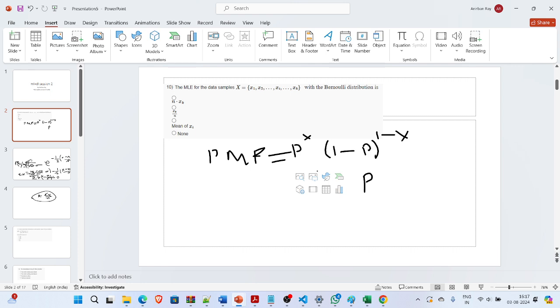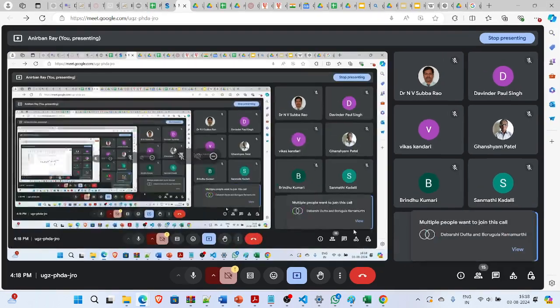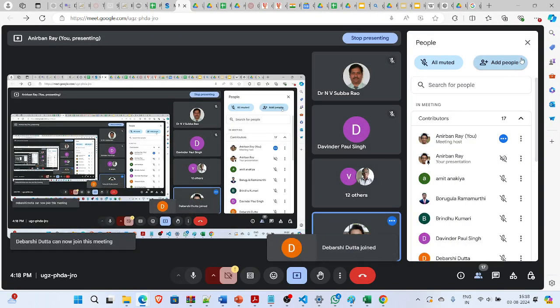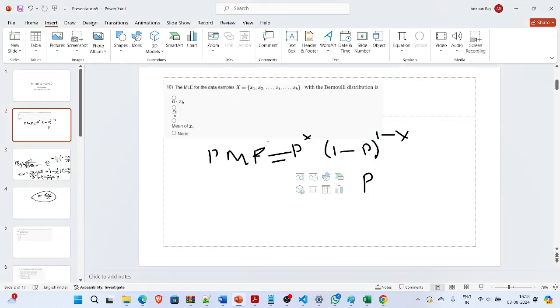To make it clear, in this case these samples are like coin tosses. You understand the Bernoulli distribution? In a Bernoulli distribution, what we get is 1 0 1 0 like that. So x1 to xk are like 1 0 0 1 type, and the probability is defined by this.